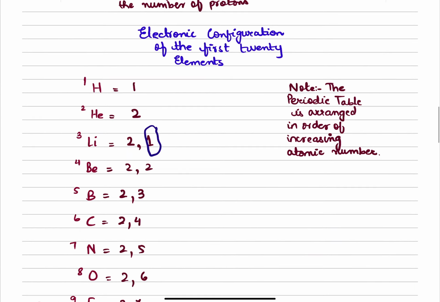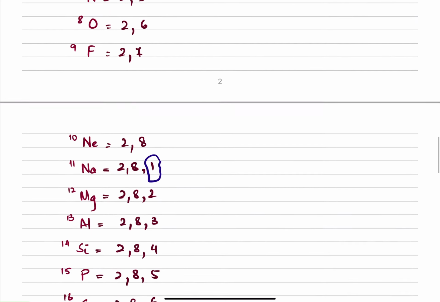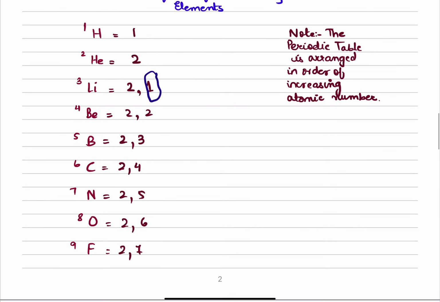And that is exactly why lithium, sodium, potassium, rubidium, cesium, francium, they're all placed in group 1, because they contain the same number of outer electrons. So I will write another note that the number of outer electrons will signify the group number.